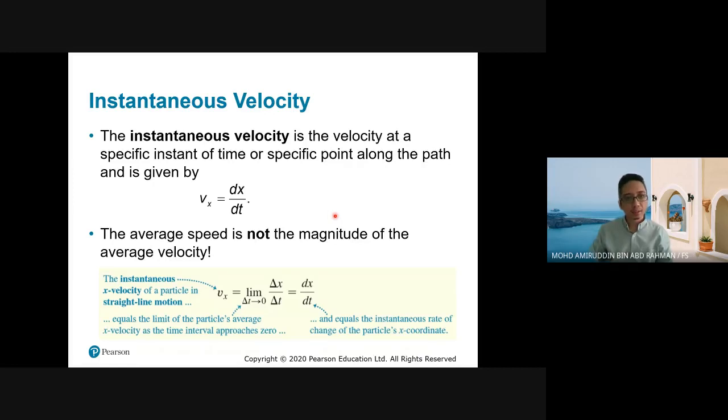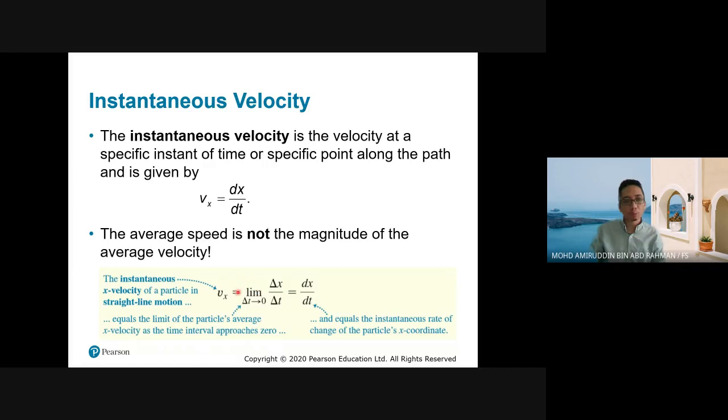And then the average speed is not the magnitude of the average velocity. In terms of equation, we can define that. Vx is the velocity in terms of x. Let's say delta t goes to 0, so the limit goes to 0, and delta x over delta t, so at instantaneous time we have dx over dt.